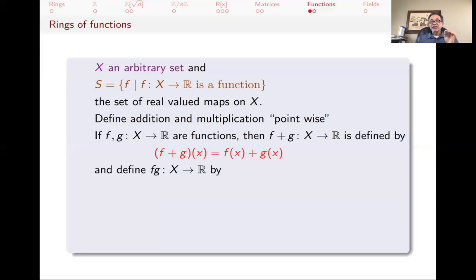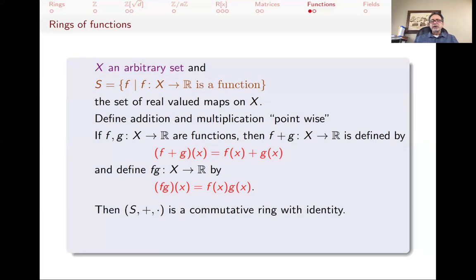Fg is again going to be a function. fg of x is f of x times g of x. Pointwise means that I'm defining one point at a time. If I know what f does to x and g does to x, I also know what f plus g does to x and what fg does to x. And that's what pointwise means.